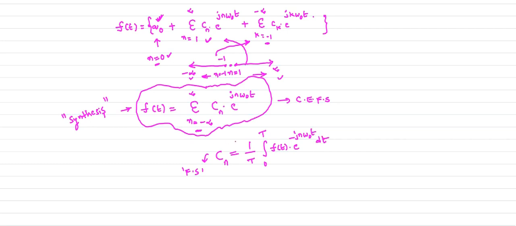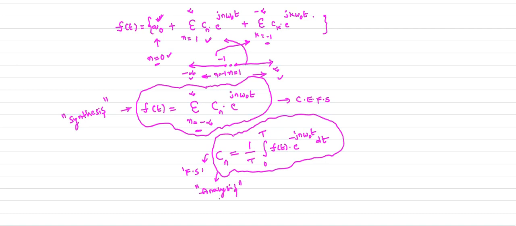So using this expression we calculate the Fourier series coefficient. Therefore this equation is called the analysis equation. Using this equation we calculate the Fourier series coefficient, which is your Cn, and substitute this Cn in the expression to get the Fourier series expansion, which is the complex Fourier series expansion.